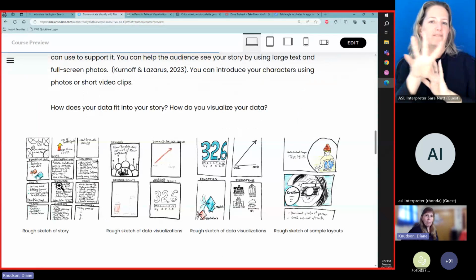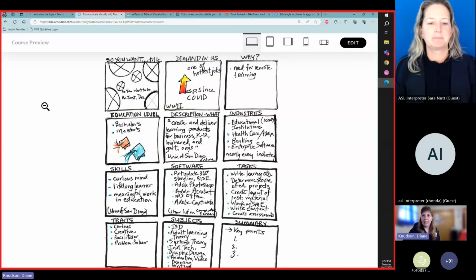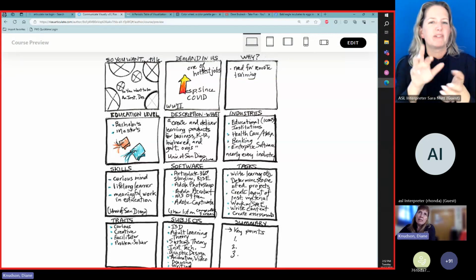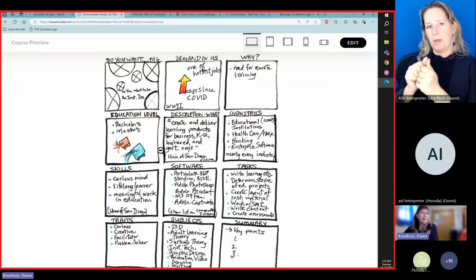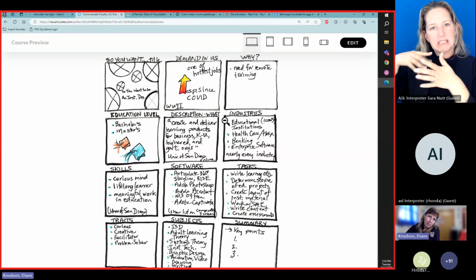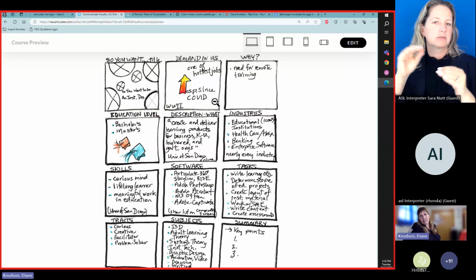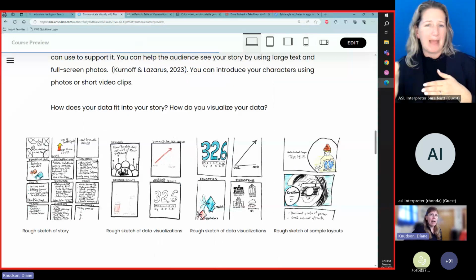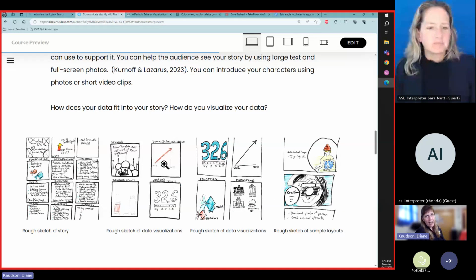So here's some examples. This is a rough sketch of a presentation for some employees I mentor who are studying instructional design. And you see, it's really simple. My handwriting isn't the best, but it's just an overview of the story, and then some rough sketches as far as visualizing the data.